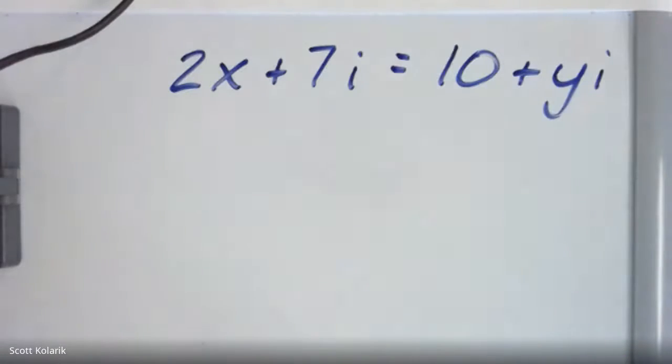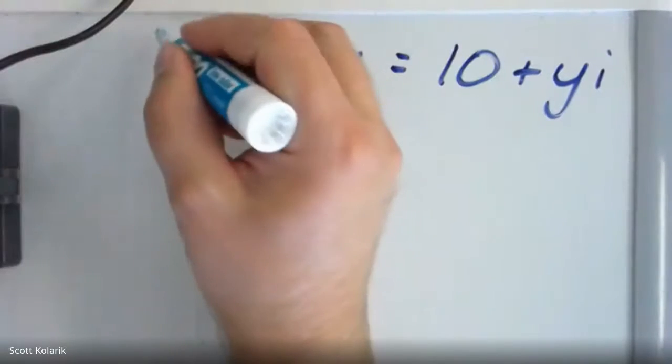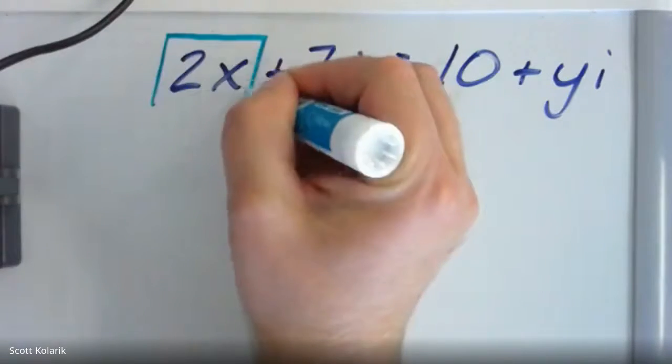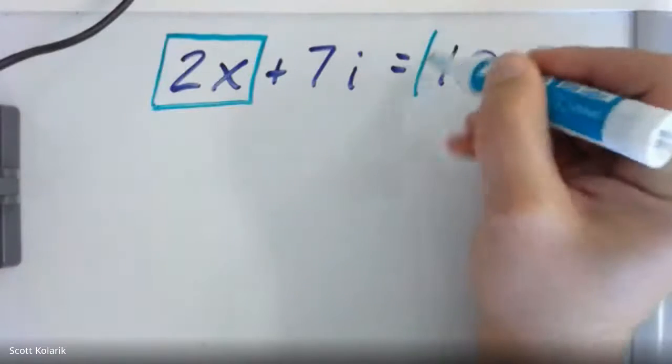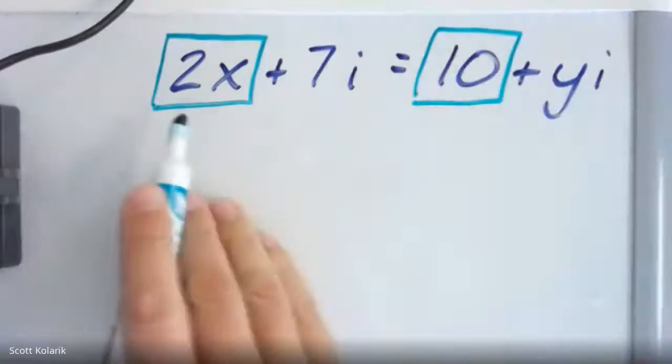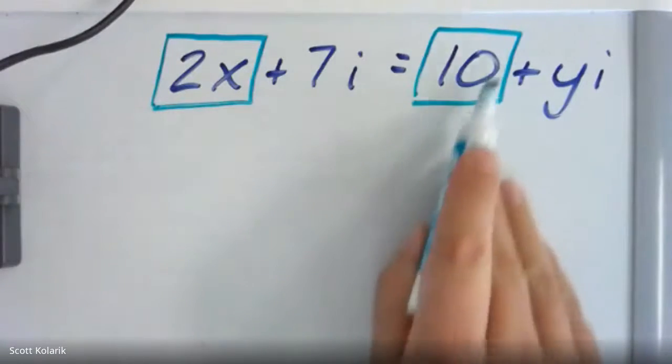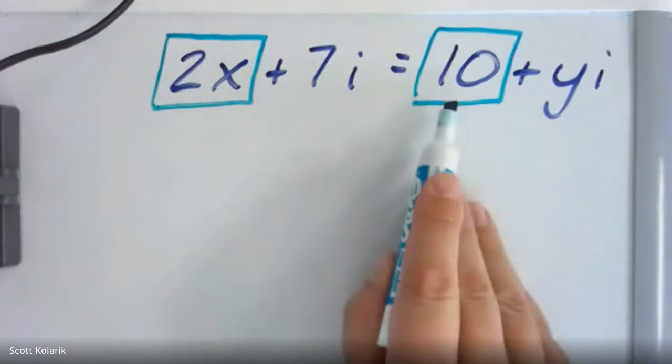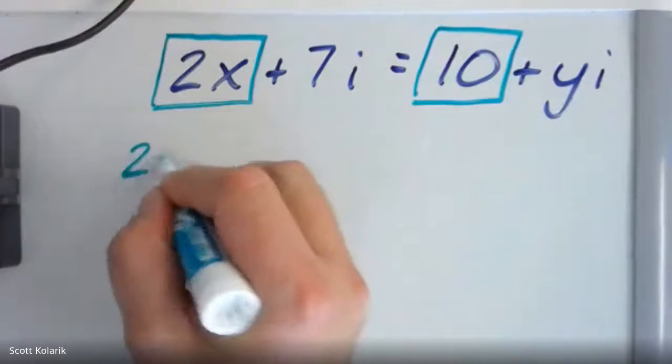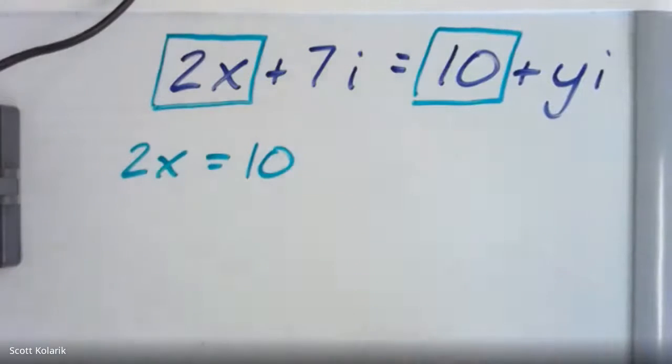Let me actually illustrate this for you. This first term, the piece that does not have an i attached to it, has to match or equal the other corresponding real number piece. So 2x has to equal or match 10.